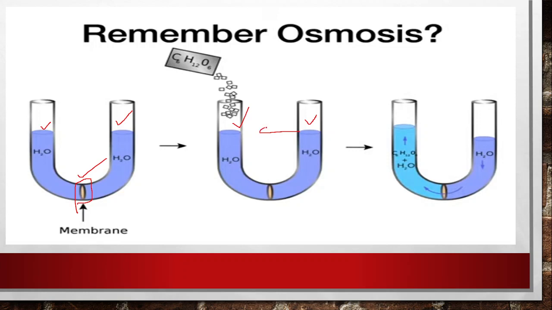This shows that here the concentration of glucose molecules is greater. That's why the water molecules will move from higher concentration toward lower concentration. Here the water molecules are in higher concentration and here they are in lower concentration. So the water molecules will move from this side toward this side, which shows osmosis, clearly depicted in this diagram.